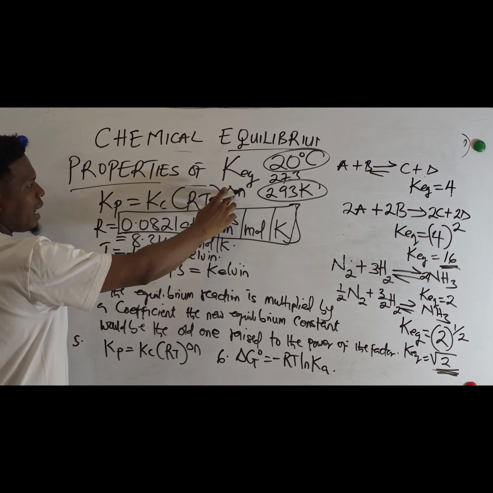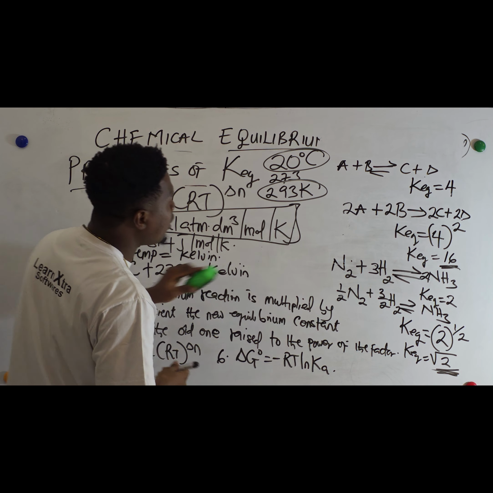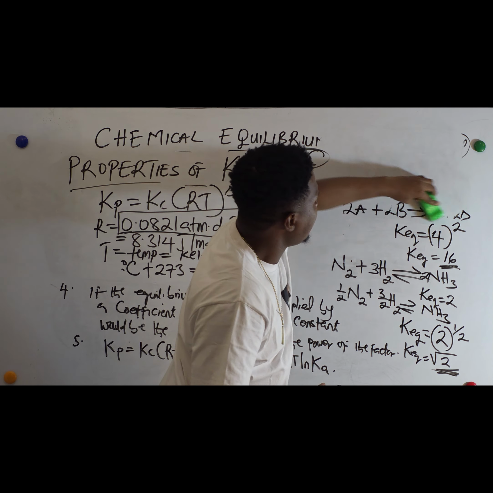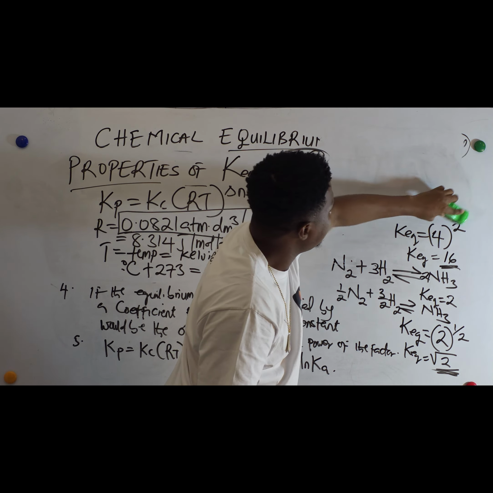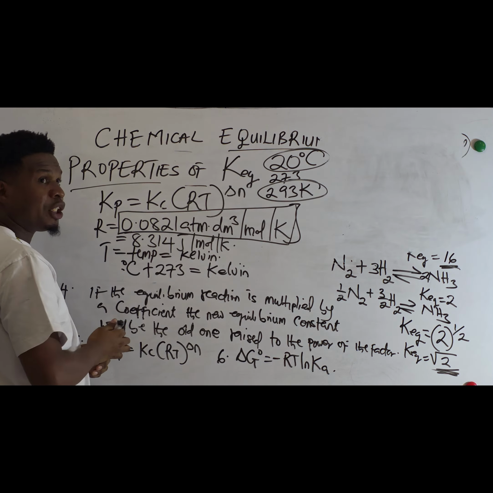Now the last parameter is delta n. Delta n is the change in number of mole. Delta n is simply the change in number of mole of the reaction for gaseous species.